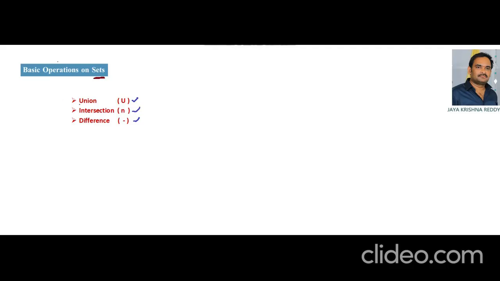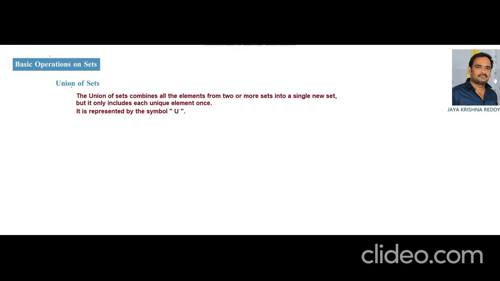So first we will start with union. Union of sets. The union of sets means it combines all the elements of given two or more sets into a single new set. Understand the definition.